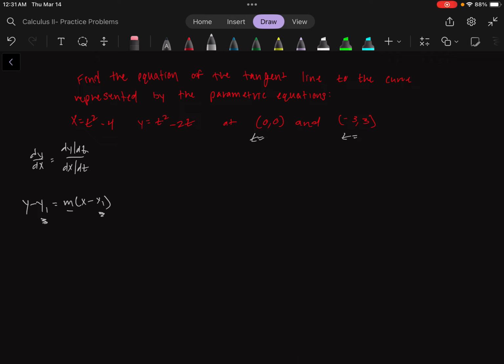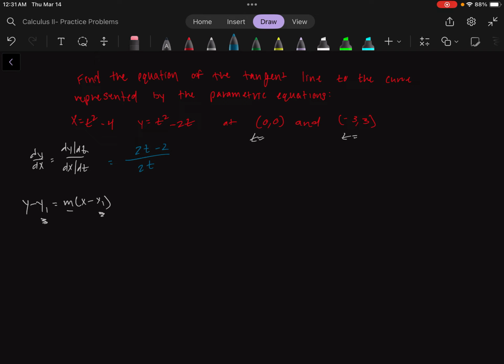Well, in these two ordered pairs, they give us an x1 and a y1, right? So all we're concerned about is finding m, where m is just the derivative, right? So let's find the derivative. The derivative is dy dt, which is 2t minus 2, over dx dt, which is 2t.